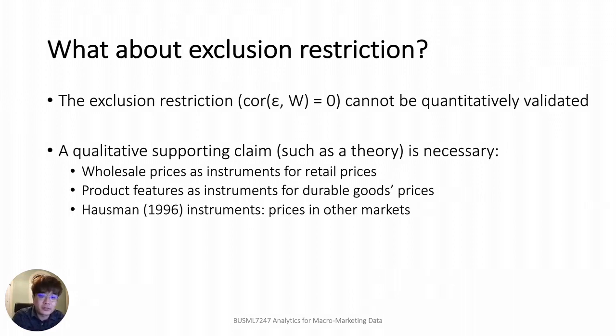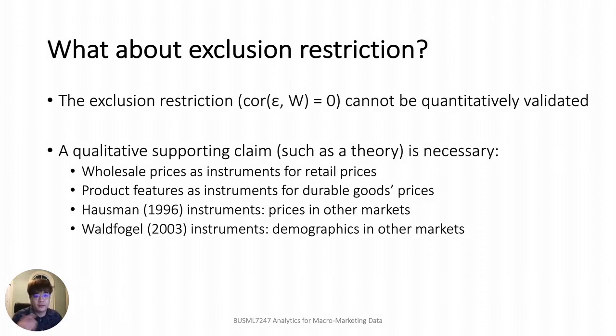Another is using prices in other markets as instrument for prices. This is called Hausman instrument. And another is using information of consumers in other markets as instrument for prices, such as demographics. This is called Waldfogel instrument. Now I'm going to briefly introduce each of those instruments.